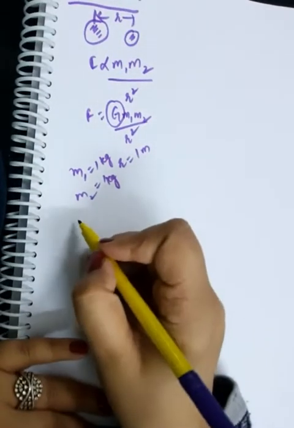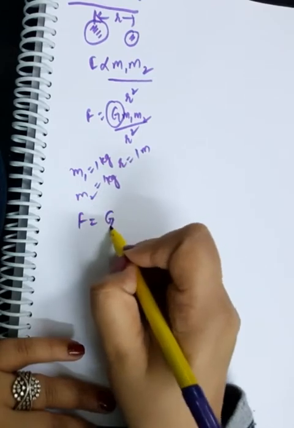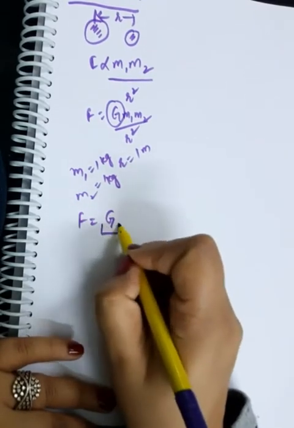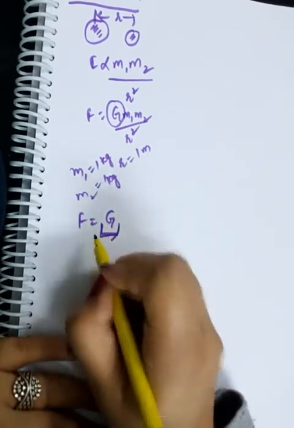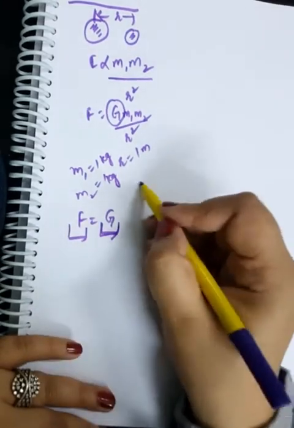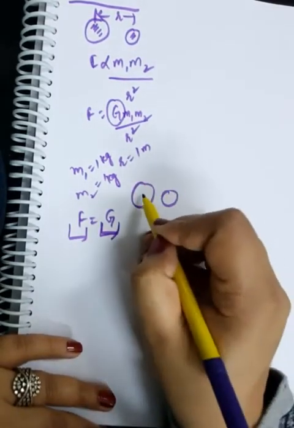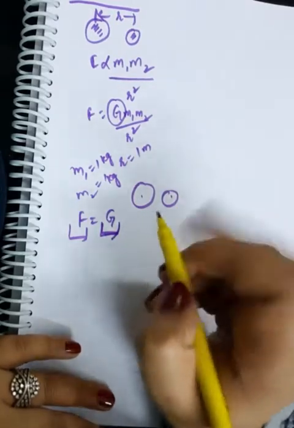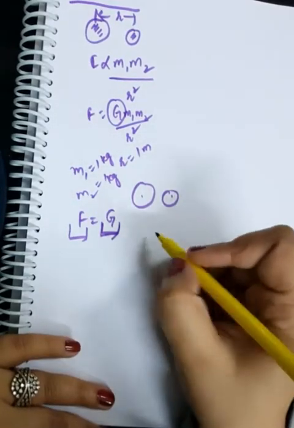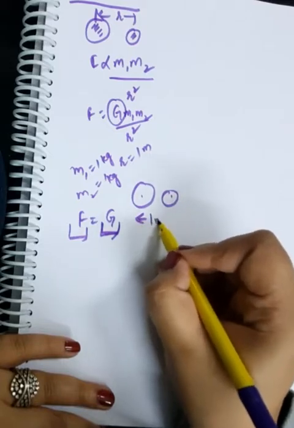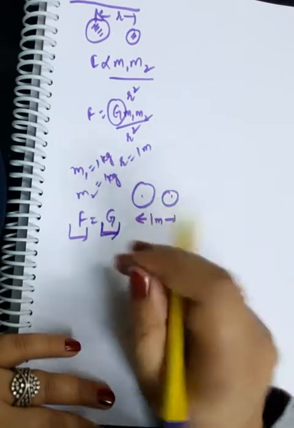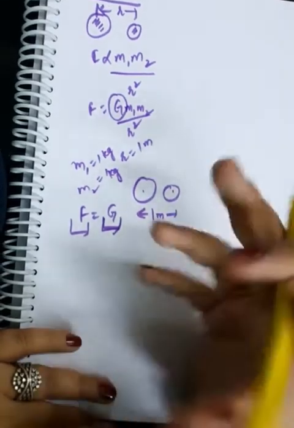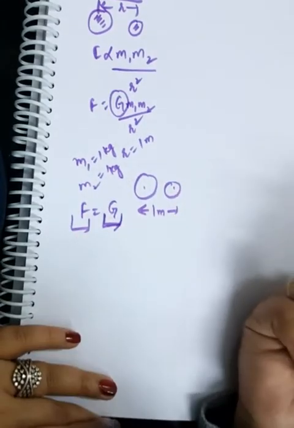In that case, F is going to come out equal to G. So this means the universal constant of gravitation is nothing but the force between two bodies which have masses of 1 kg each, placed at a distance of 1 meter and attracting each other. So basically G is a kind of a force.